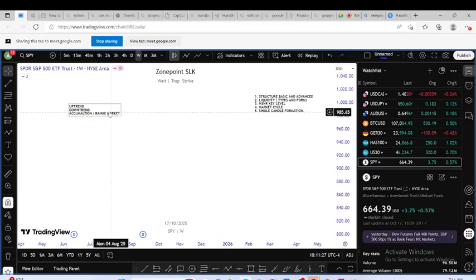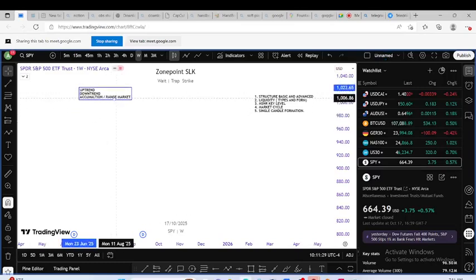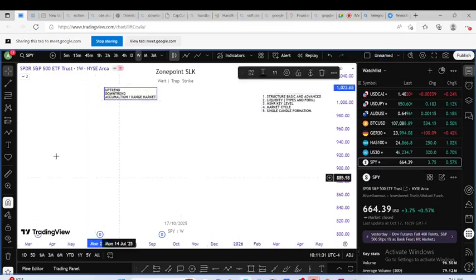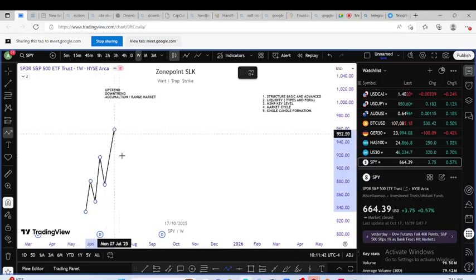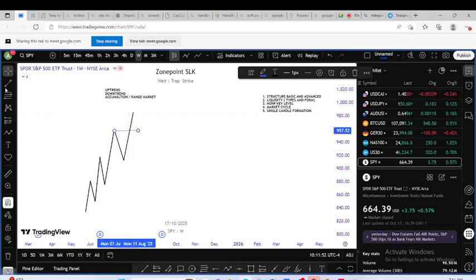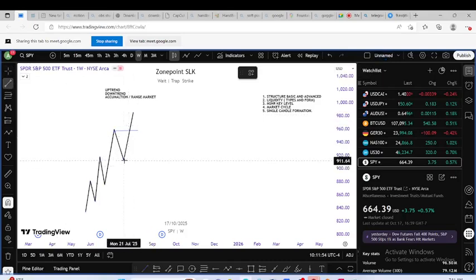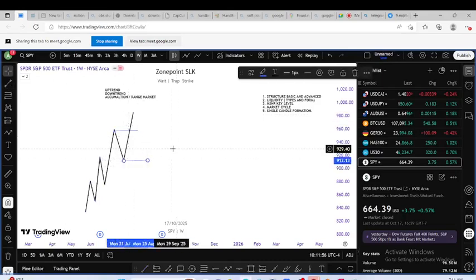So now we know the basics of market structure. The textbook version they will tell you is markets move up, break structure up, break structure up. When the market is breaking structure to the upside, this upside here is our higher high, and this down part here is our higher low.